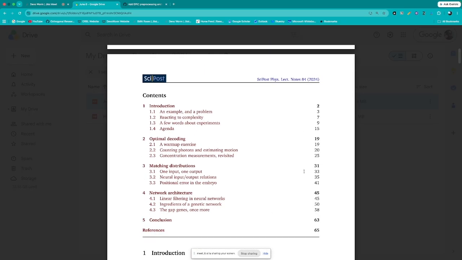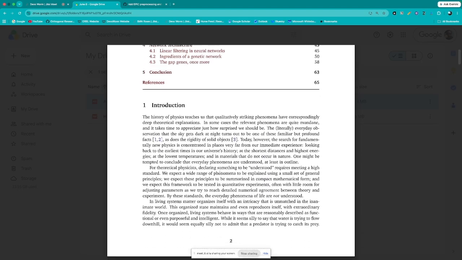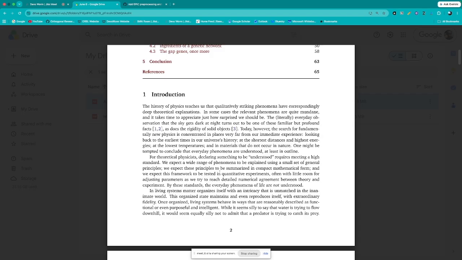So, introduction, of course, optimal decoding, matching distributions, and network architecture. Again, thinking about physics as a mode of inquiry is where we learn that qualitatively striking phenomena have correspondingly deep theoretical explanations. So when we see something in physics, we can describe it with equations, but there's also this overarching thing going on, and we want to build a theory that will explain those things.